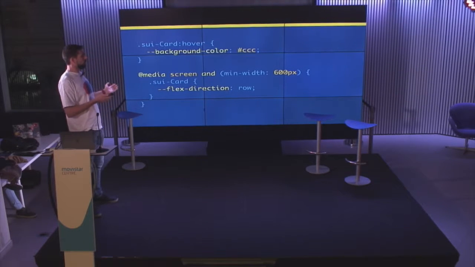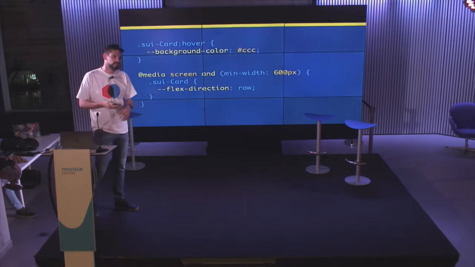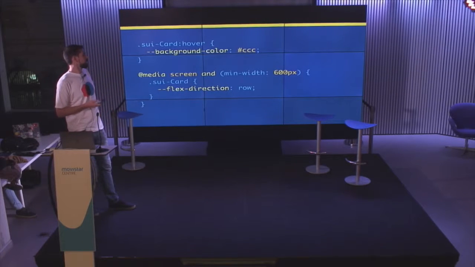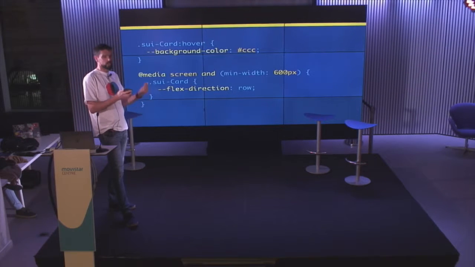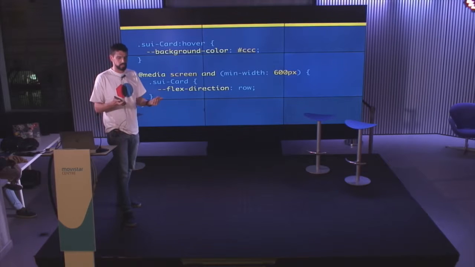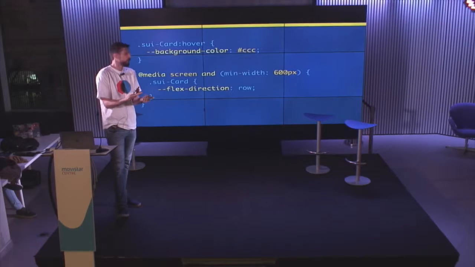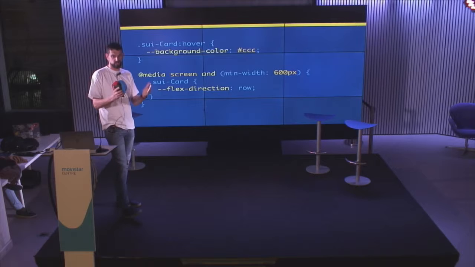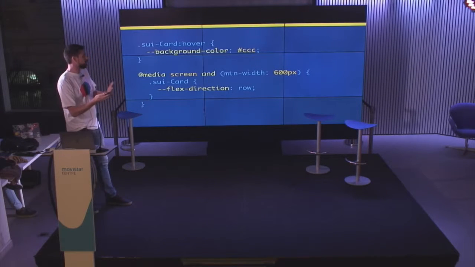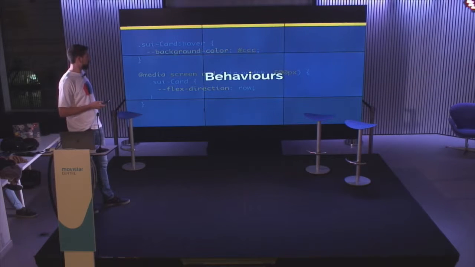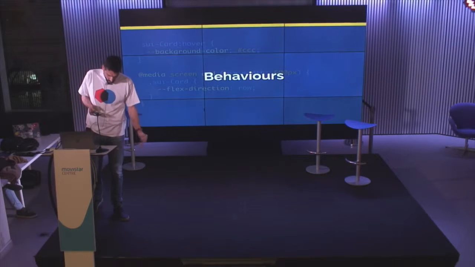So all the rest is defined as the behaviors of the component, because it's not all the component that is shown in its initial state. It's something that's happening when there are some behaviors. That's why we call it behaviors.